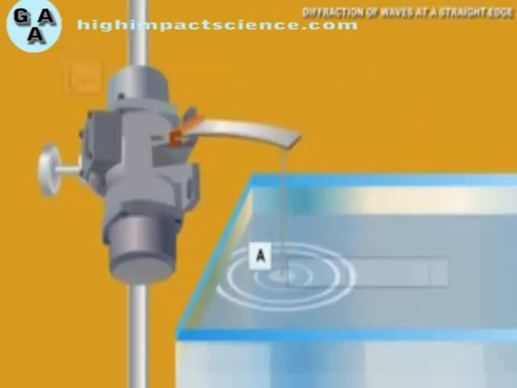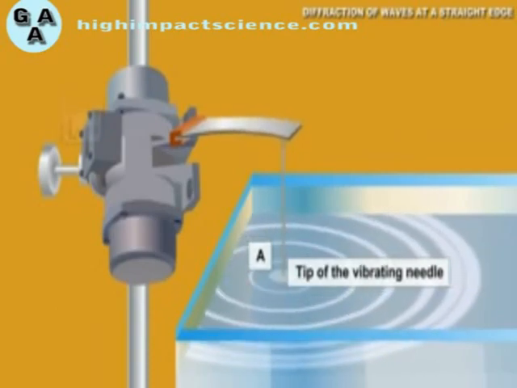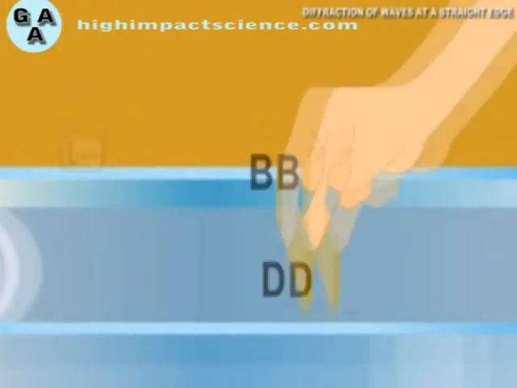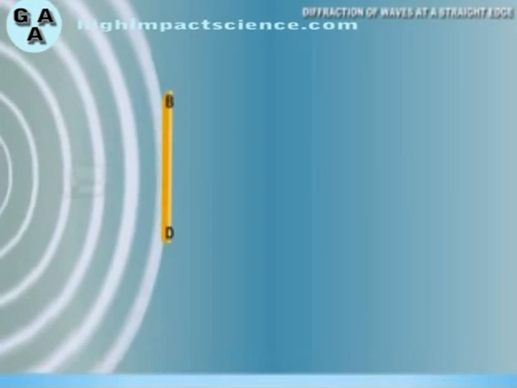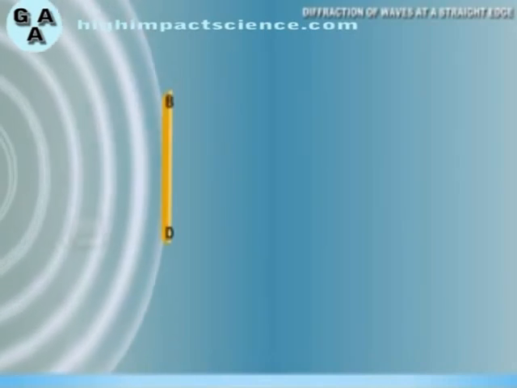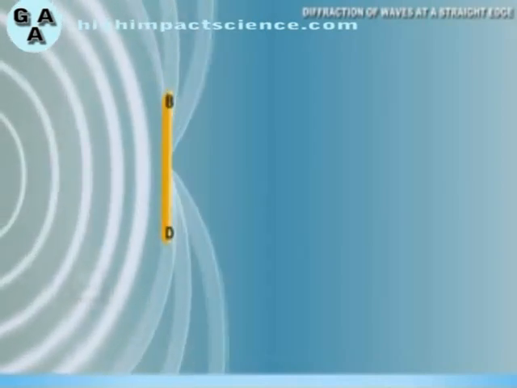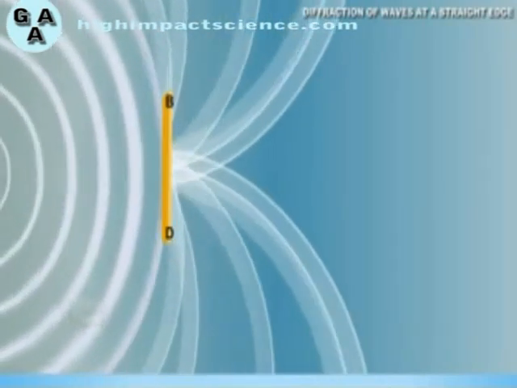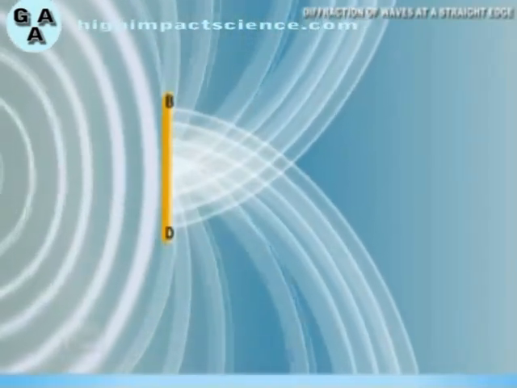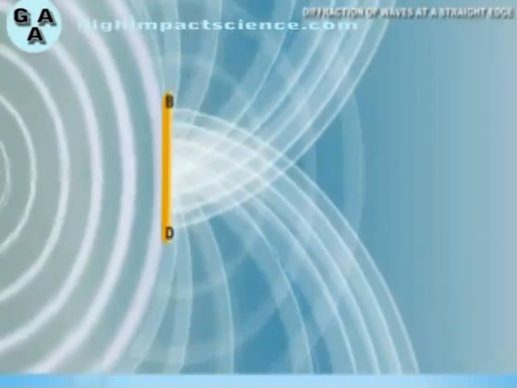Here A, the tip of the vibrating needle, behaves as a source of circular waves, which spread out and travel towards scale BD. The waves spread out equally in all directions until they reach BD. At this point, the lower edge of the wavefront is cut off completely. Only the upper portion beyond the straight edge should travel beyond the scale. But sometimes there are weak waves that are spread out into the lower region.